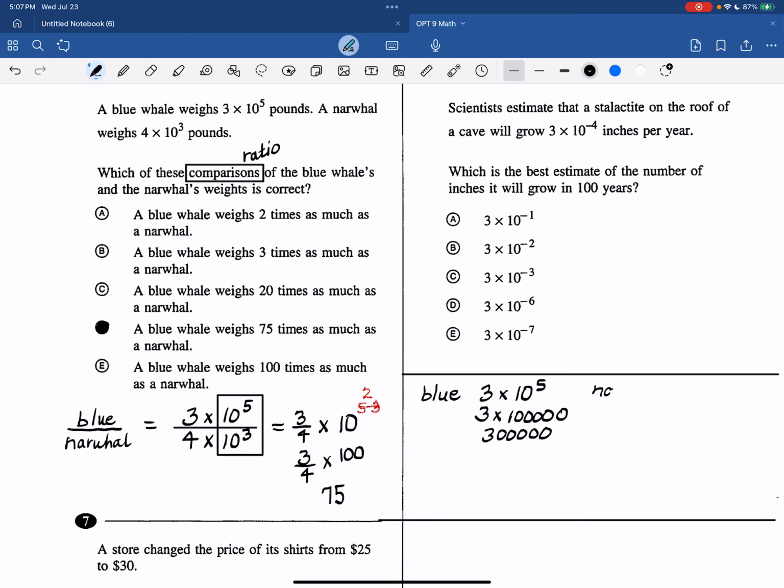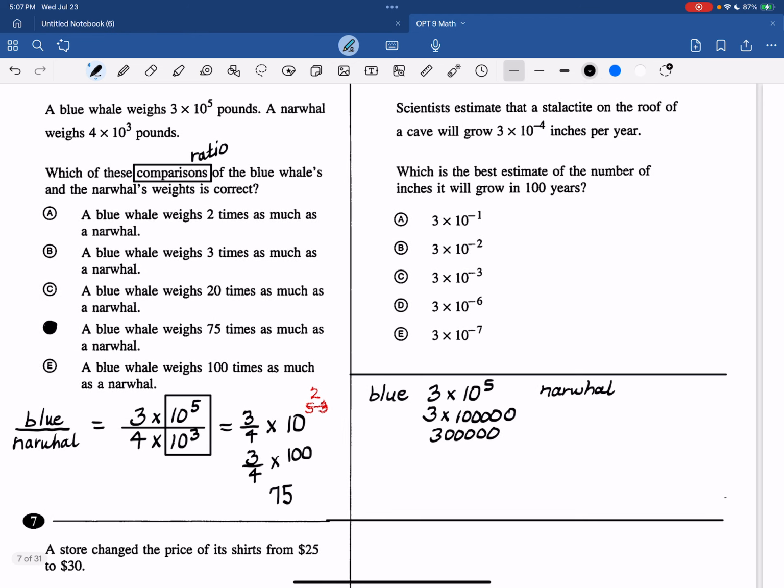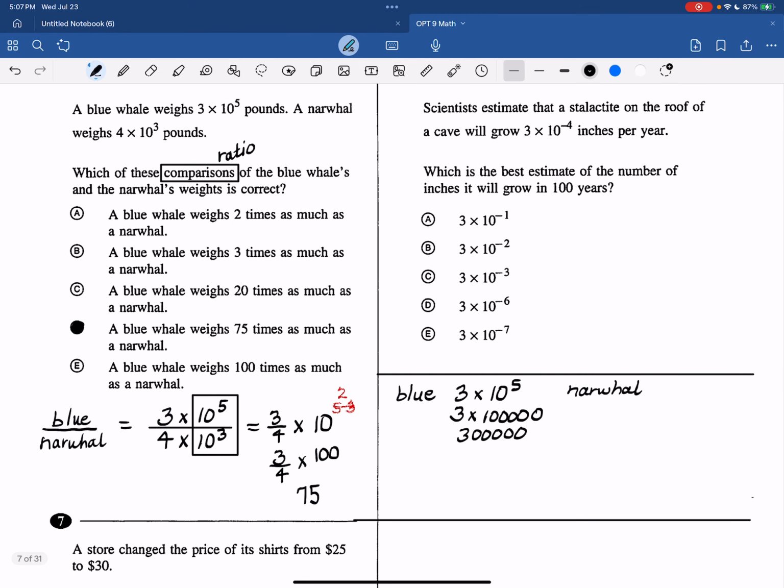And then you would do the same for the narwhal. Narwhal is 4 times 10 to the 3rd. So 4 times 3 zeros here. That is 4,000 pounds. And then you can do the comparison.